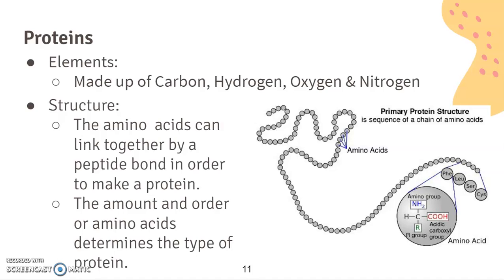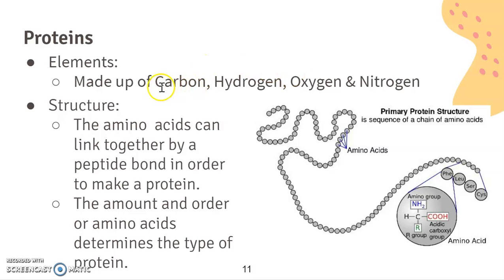Next, our final macromolecule is the proteins. Right here, it says the elements are made up of carbon, hydrogen, oxygen, and nitrogen. Think about which one we do not have in protein. In lipids we had carbon, hydrogen, and oxygen.